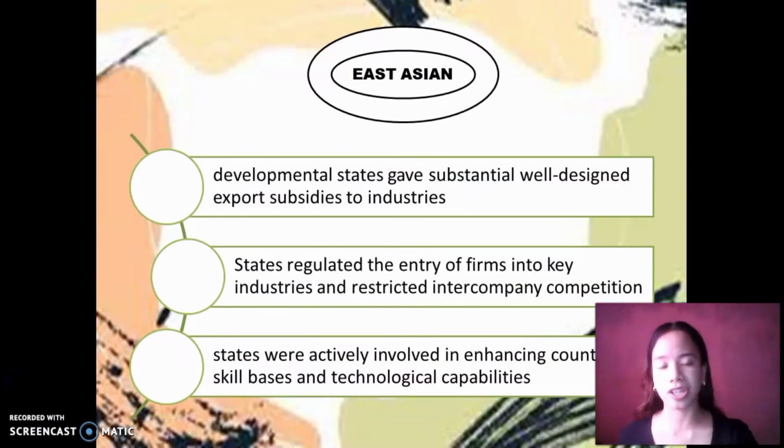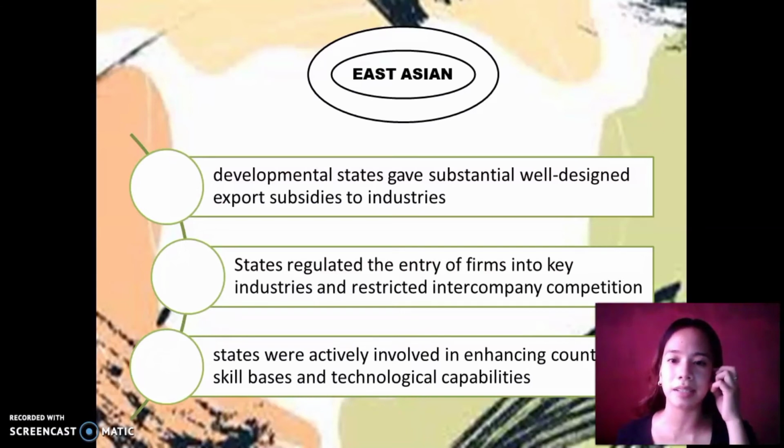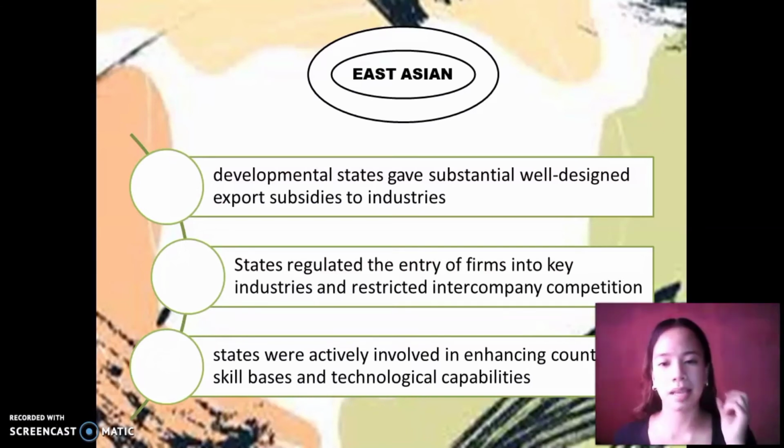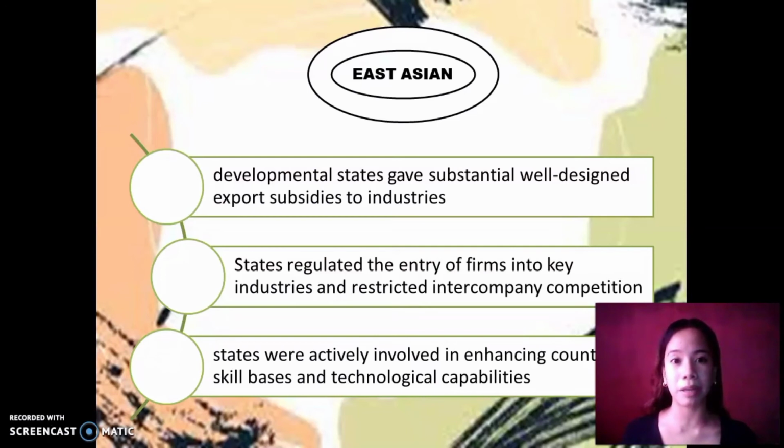So in East Asia, in South Korea, Taiwan, and Vietnam, developmental states gave substantial, well-designed export subsidies to industries. States regulated the entry of firms into key industries and restricted intercompany competition. States were actively involved in enhancing countries' scale bases and technological capabilities.